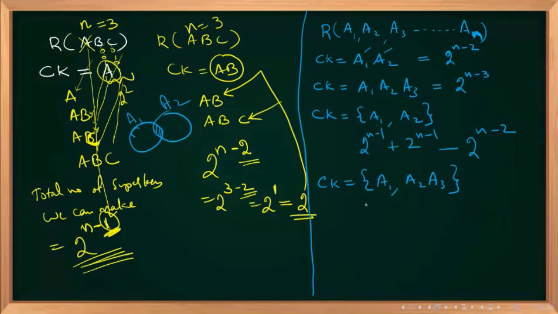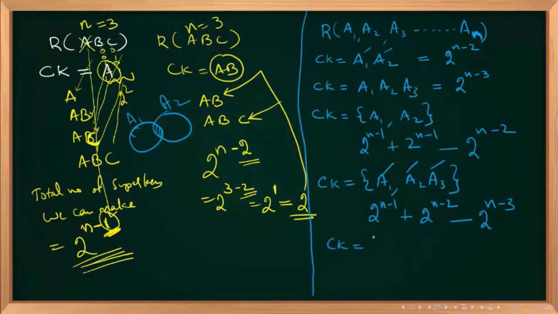Can you type the answer? 2 power n minus 1 plus 2 power n minus 2 minus what? Last one? Type the answer. 2 power n minus 2 minus 2 power n minus 3. How come n minus 3? This one and this one. If it is the same, you can leave all the different attributes. So the answer is 2 power n minus 1 plus 2 power n minus 2 minus 2 power n minus 3.